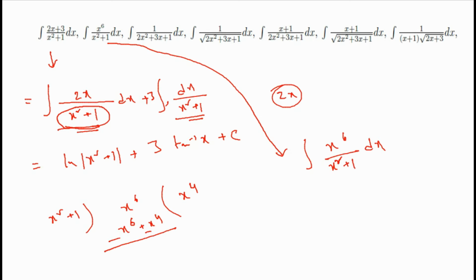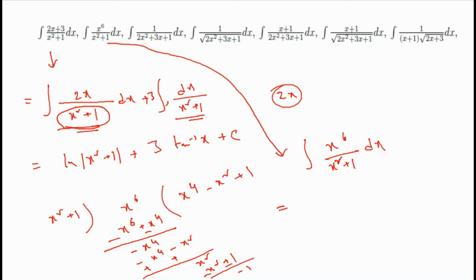Now minus x to the power 4 will be there, so minus x square, so minus x power 4 minus x square, so plus plus, and x square. So here we can use 1, x square plus 1 and minus 1. So minus 1 will be the remainder.